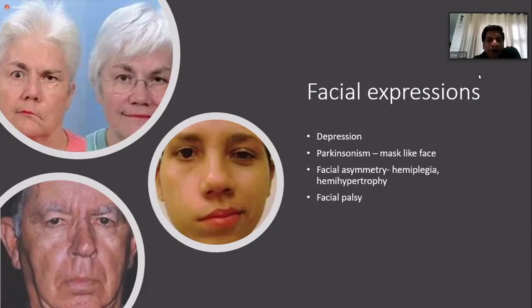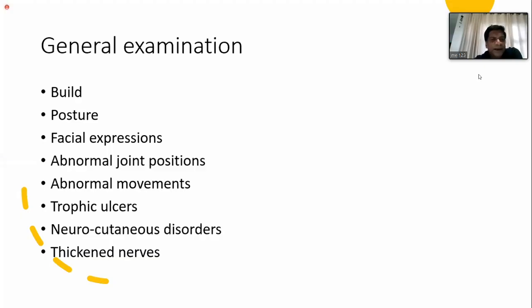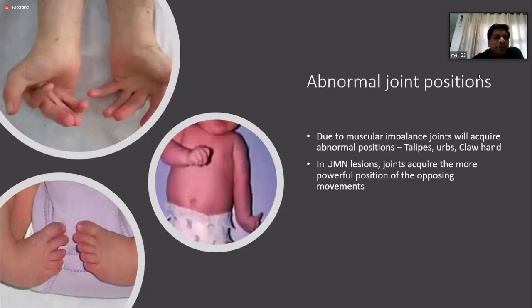So look at the facial expressions; they give you a lot of clues. And then the position of the joints, right? Abnormal positions of the joints will give some clues to the diagnosis when there are neurological problems. Now, when there is muscular imbalance, this is a concept you have to remember.